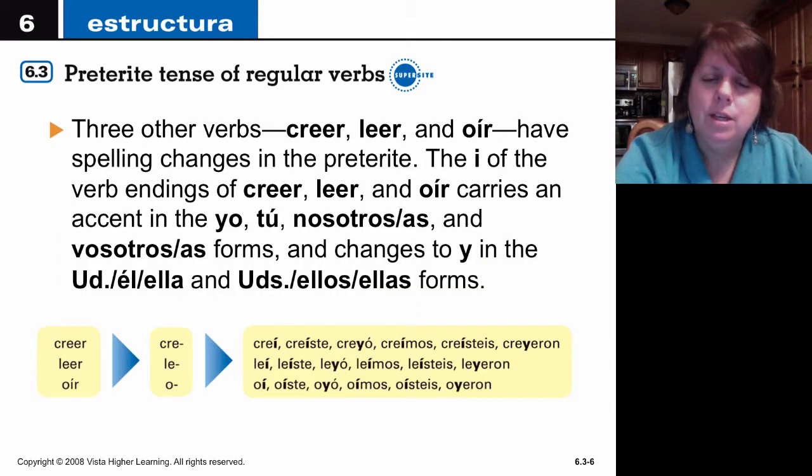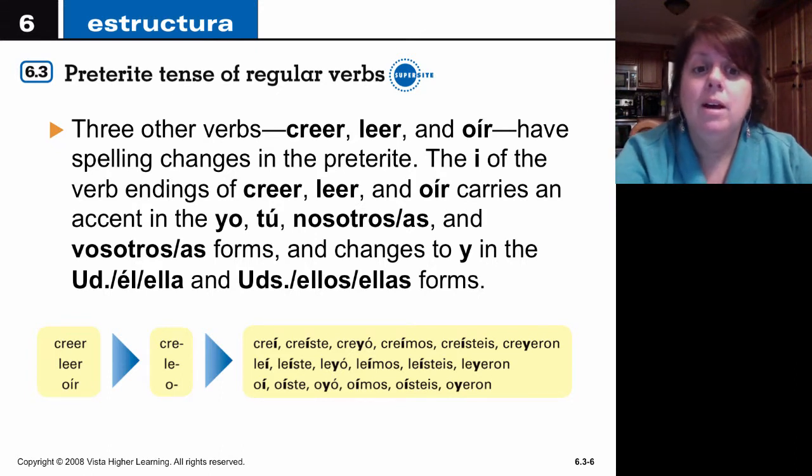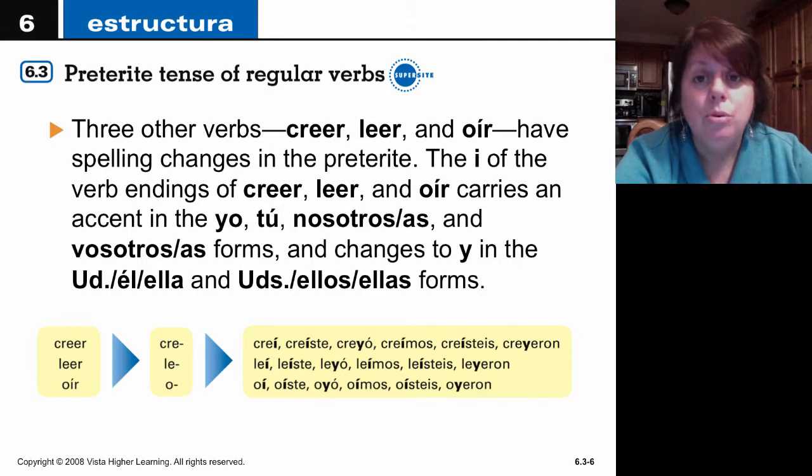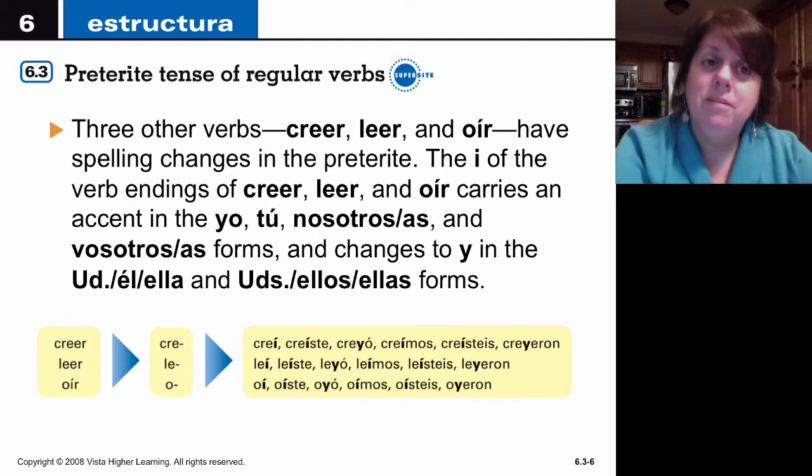Three other verbs that you need to know about: creer, to believe, leer, to read, and oír, to hear, have spelling changes in the preterite as well. The I of the verb endings in creer, leer, and oír carries an accent in the yo, tú, nosotros, nosotras, and vosotros, vosotras forms. But it changes to a Y in the third person singular and plural forms. So again, look here, you got your stem of cre.